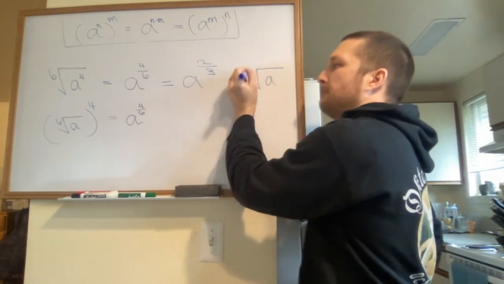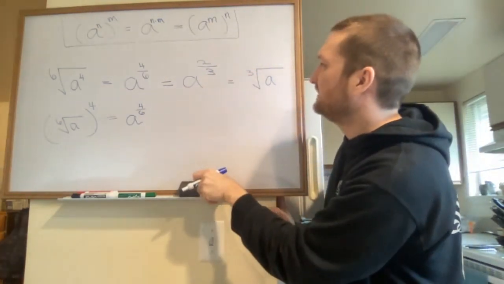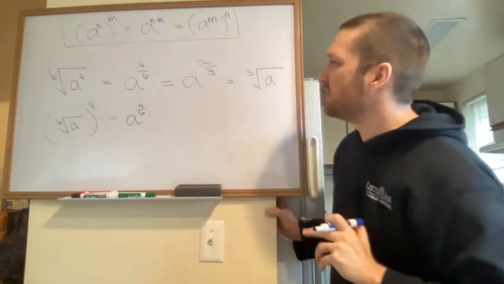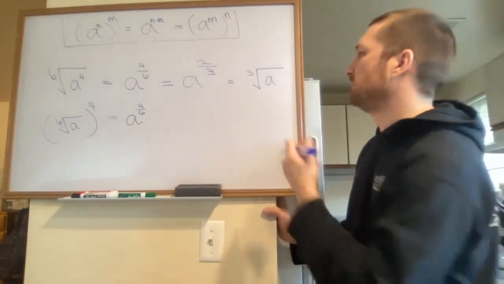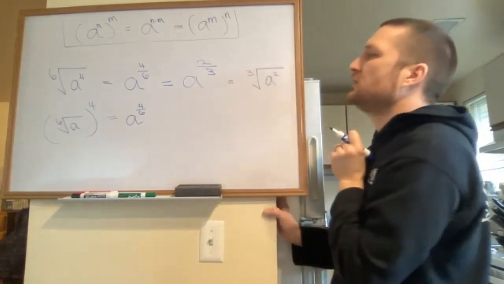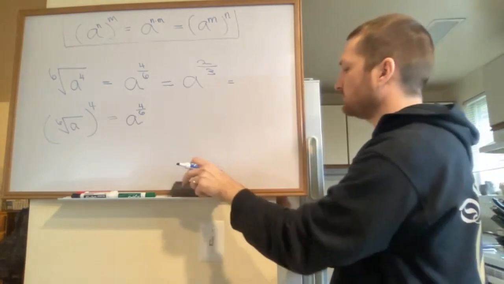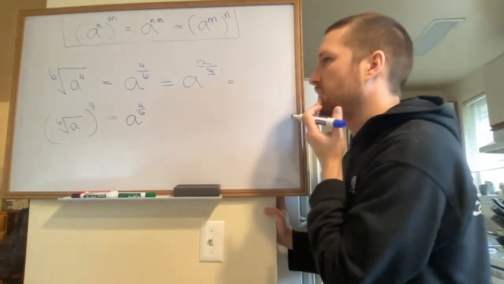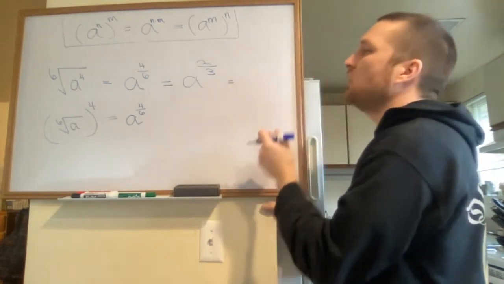Hold on. Oh, I see. I wrote it backwards in my notes. 3 over 2. Okay, cool. Sorry, I had it written down wrong.